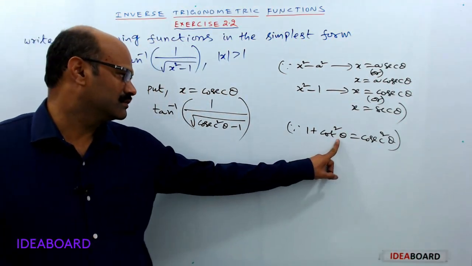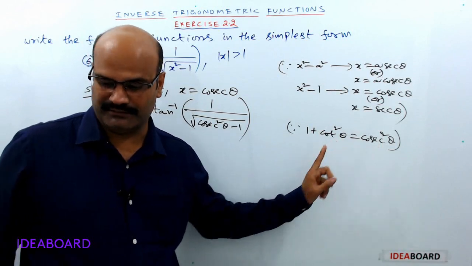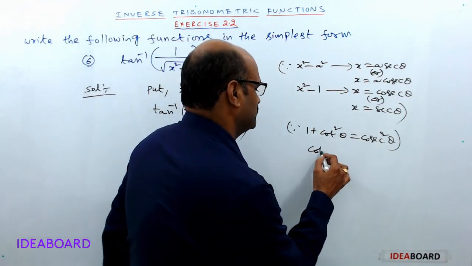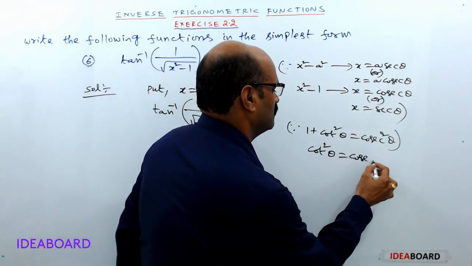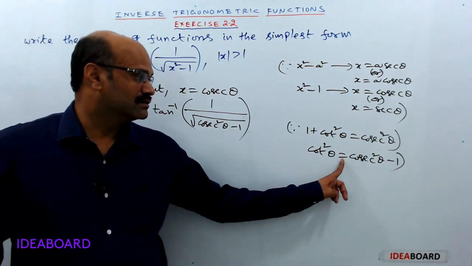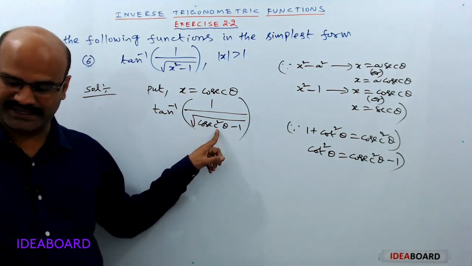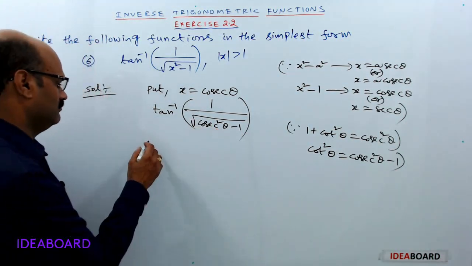So now cosecant square theta minus 1 equal to cot square theta. So it implies cot square theta equal to cosec square theta minus 1. So it can be written as square root of cot square theta.